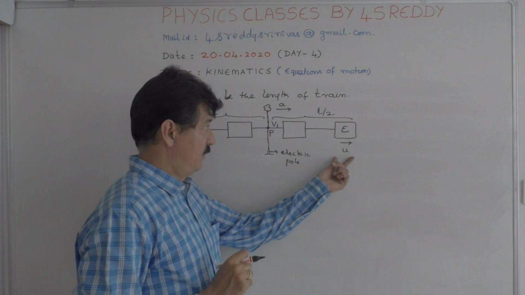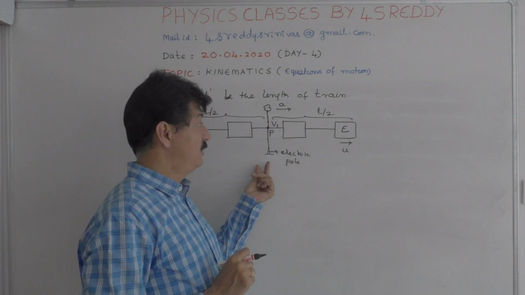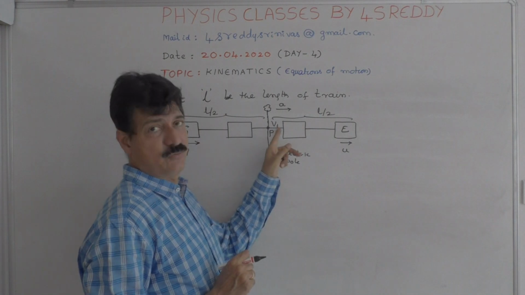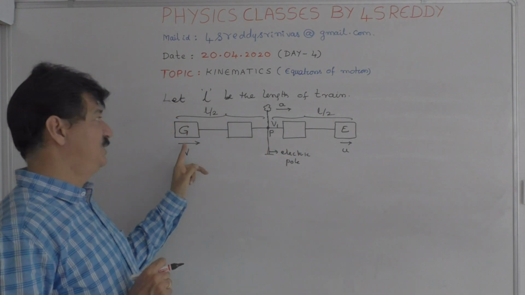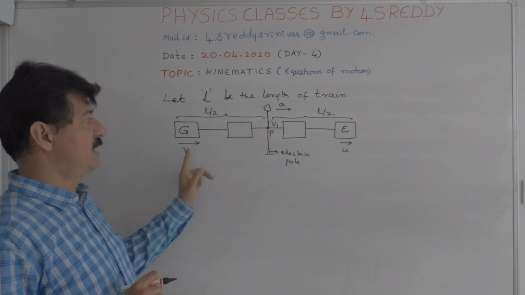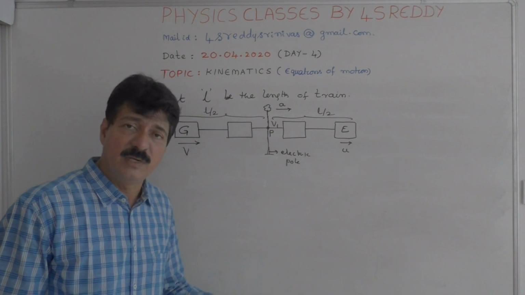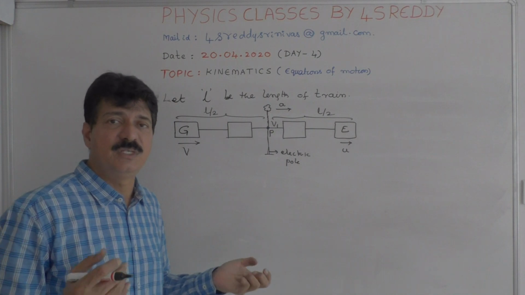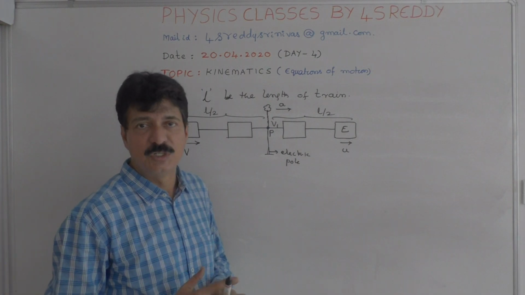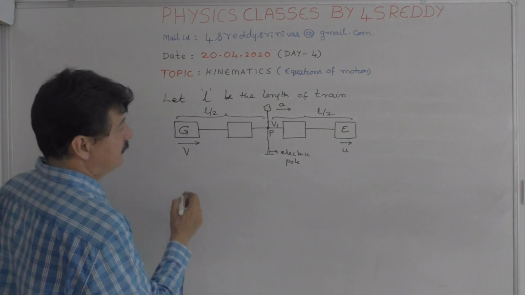So, for the engine to this point P, this is the initial velocity and this is the final velocity. From P to G, this is the initial velocity and this is the final velocity. You know v, u, a and s, so we can use the equation of motion, which is v square minus u square equals 2as.